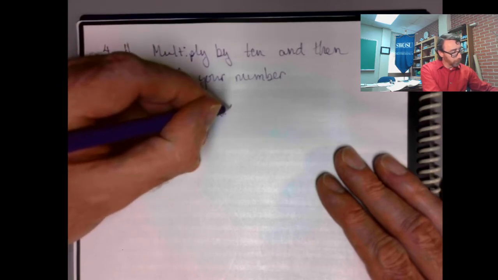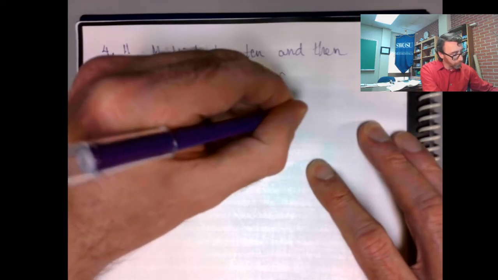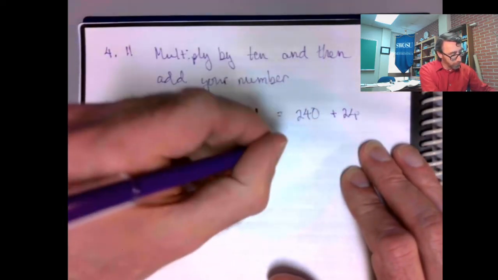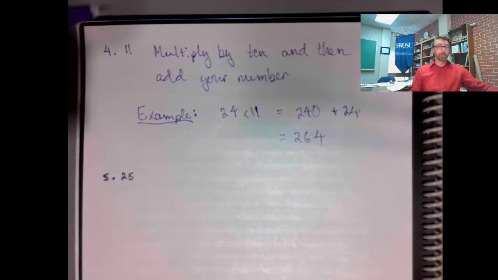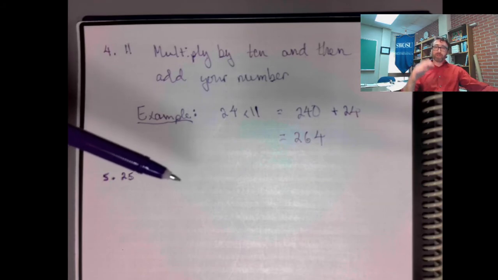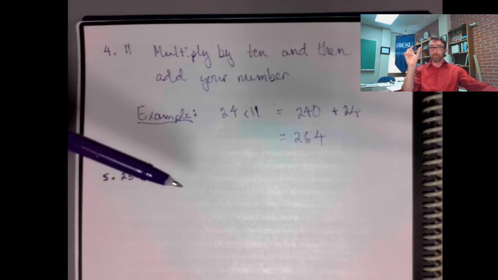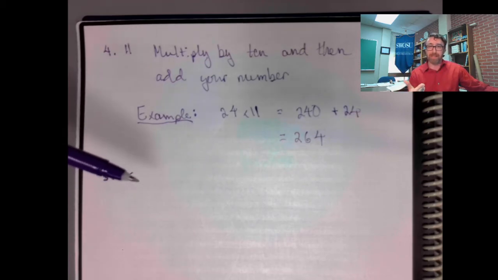Oh, let's try this. 24 times 11. So we take 24 times 10 plus 24, 240 plus 24, 264. Okay. So because 9 and 10 are right next to our base for our place value system, we can use this technique to do some mental math here.